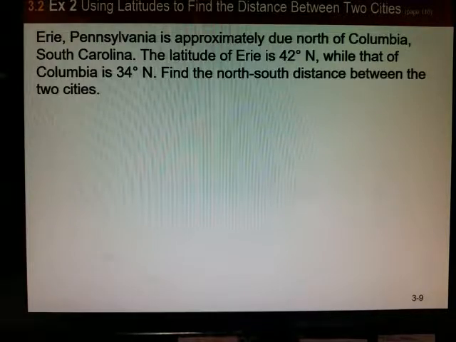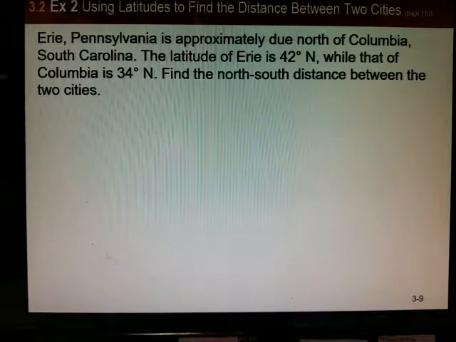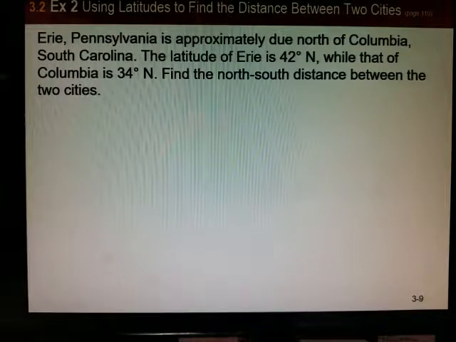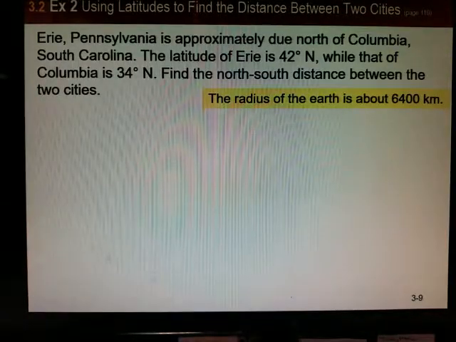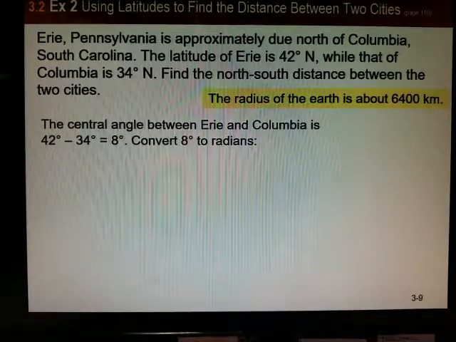All right, Erie, Pennsylvania is approximately due north of Columbia, South Carolina. The latitude of Erie is 42 degrees north, while that of Columbia is 34 degrees north. Find the north-south distance between the two cities. You have to think about a globe. They also tell you the radius of the Earth, so you do not have to memorize that.